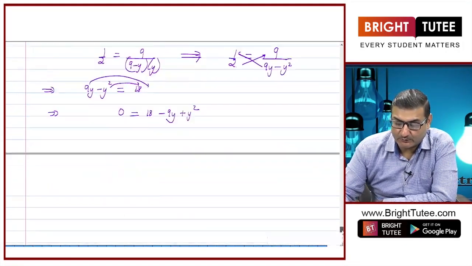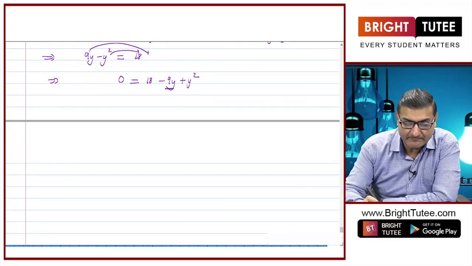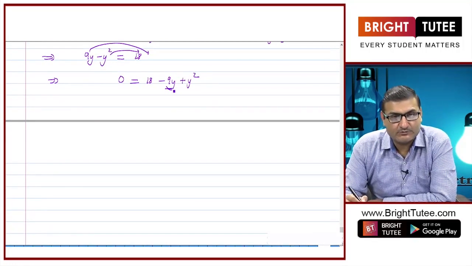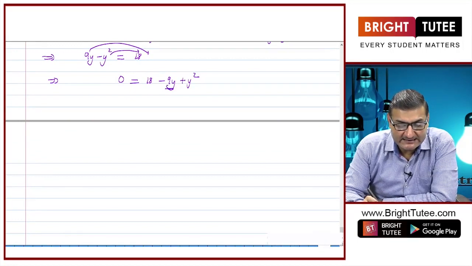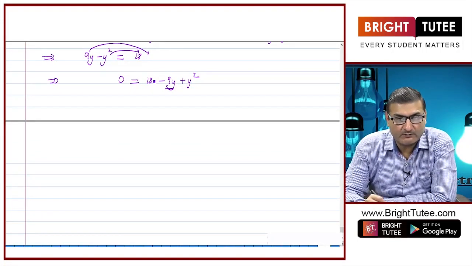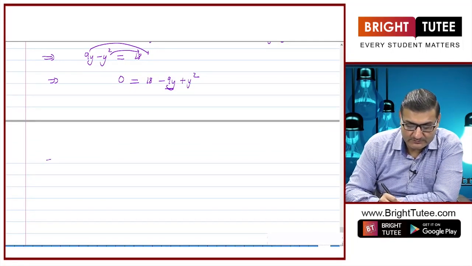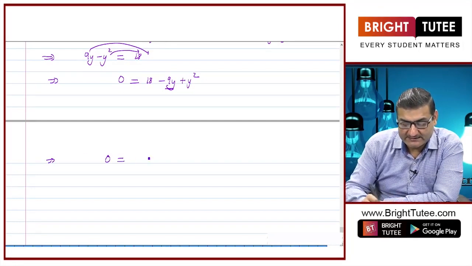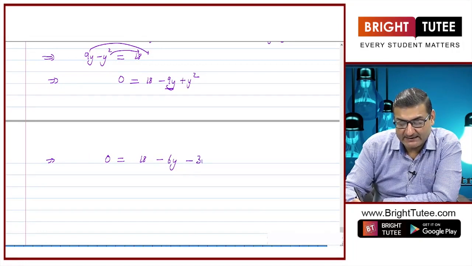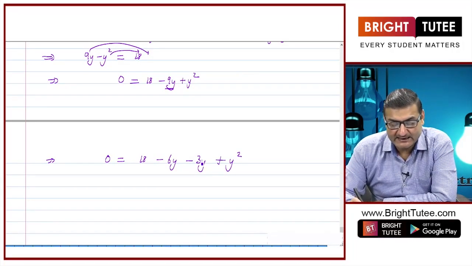I will simply do the middle term splitting. I will take such values whose sum should be equal to minus 9 and the product should be equal to 18, and those two values I will be taking up. 0 is equal to 18 minus 6y minus 3y plus y square. You see, minus 6 and minus 3.